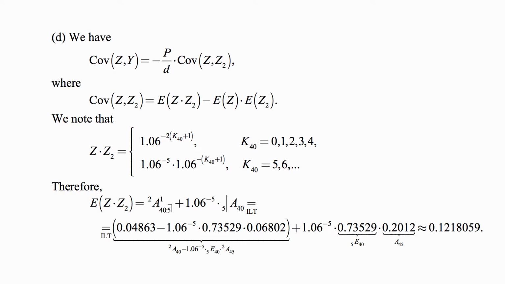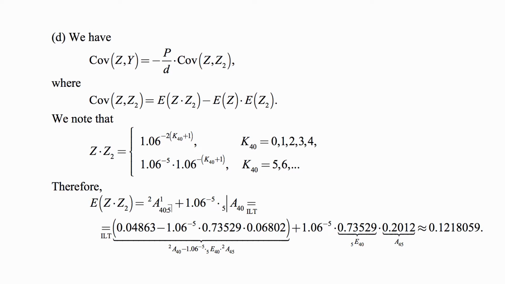is, for the first case, 2A40 colon angle 5 with 1 above the 40 for the 5-year term, plus the deferred 5 years whole life, but multiplied by 1.06 to the negative 5.